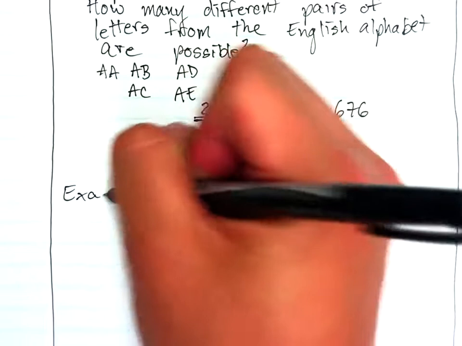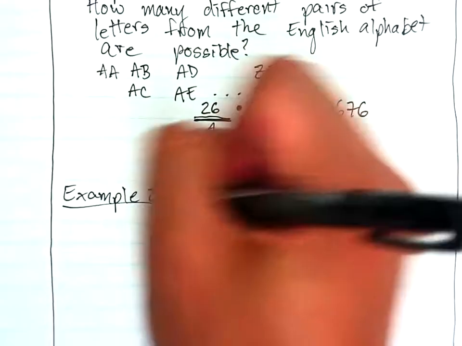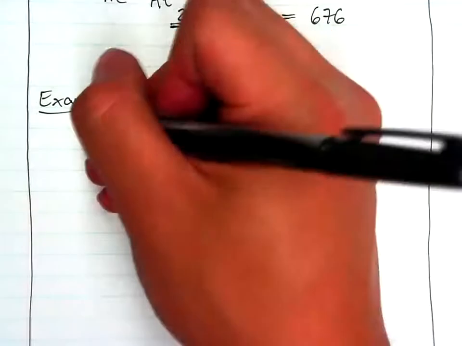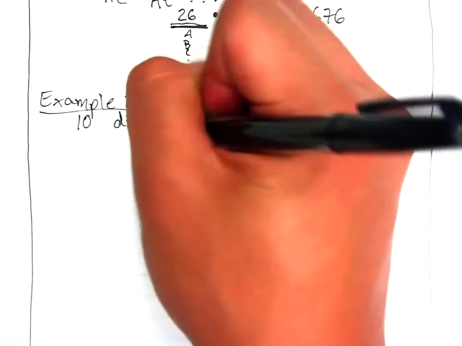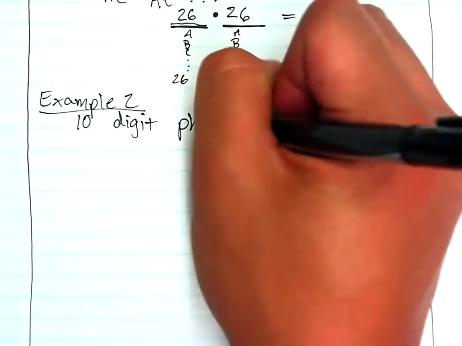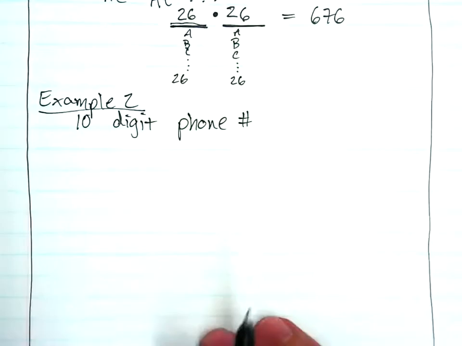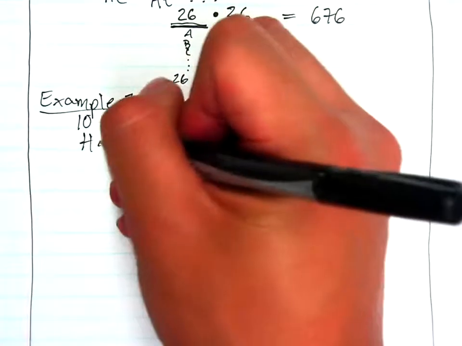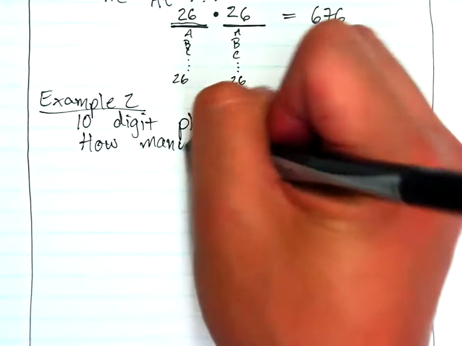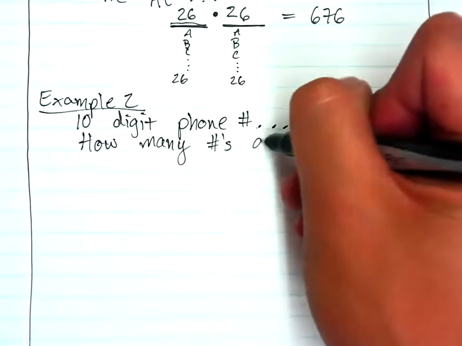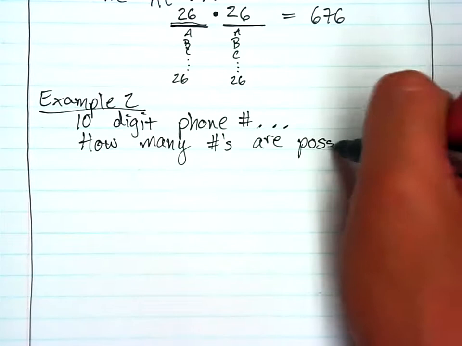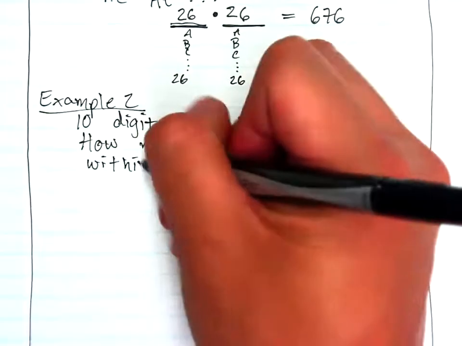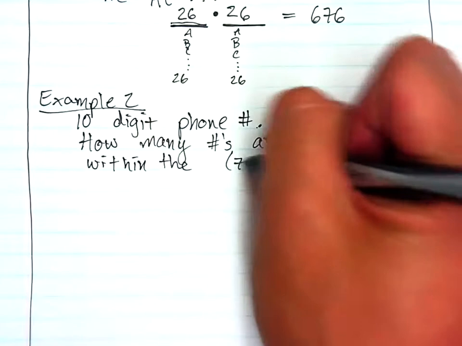Example 2, we're going to change it up a little bit to show that it's not always going to be the same number. So everyone knows that phone numbers are made up of 10 digits. So a 10-digit phone number. And our question is, how many numbers are possible within the 714 area code.